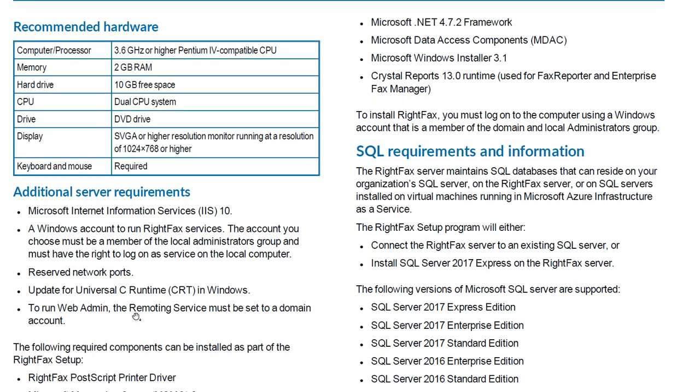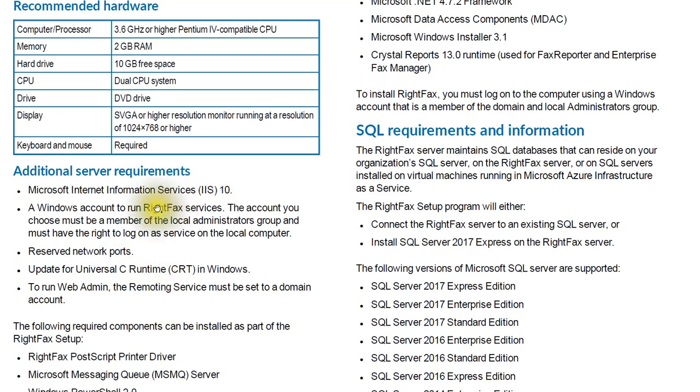So guys, these are very important. If you miss anything, it will not go further for that installation process. So IIS is required. Okay, and Windows account to run RightFax services. So we need to create one service account, and that should have administrative permission.